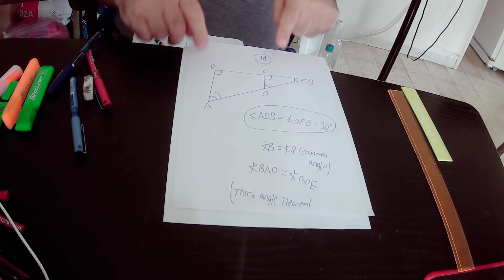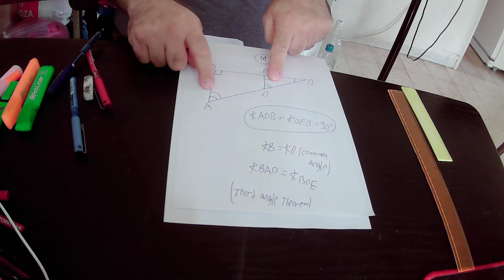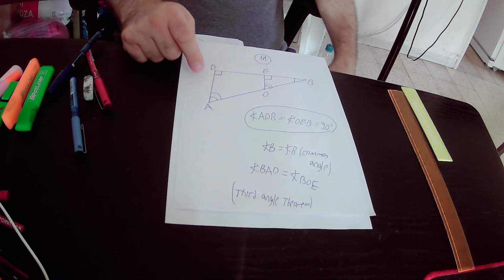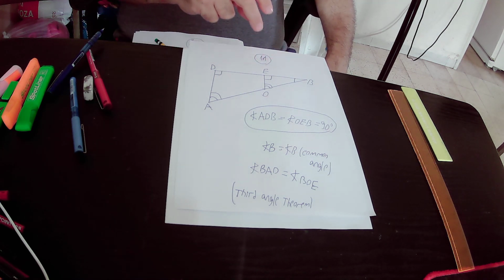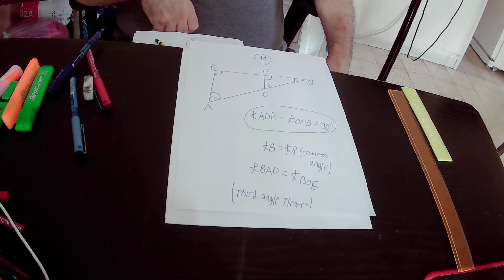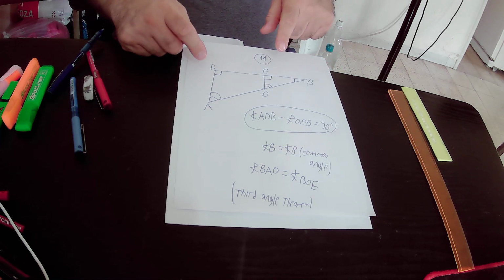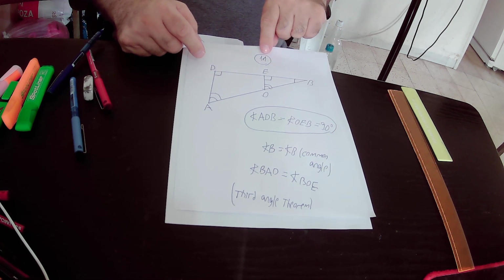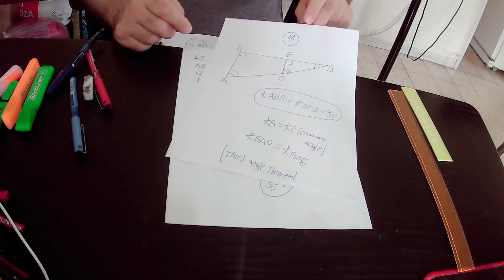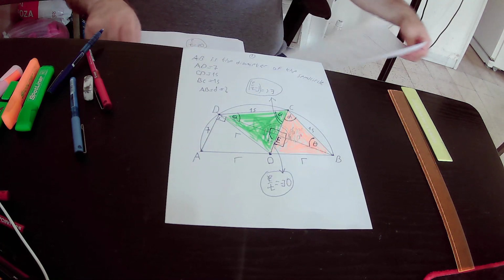So those two angles are equal to each other. So we proved that all the angles in the big triangle are equal to all the angles in the small triangle. Therefore, triangle ADB is similar to triangle OEB according to the angle similarity rule.